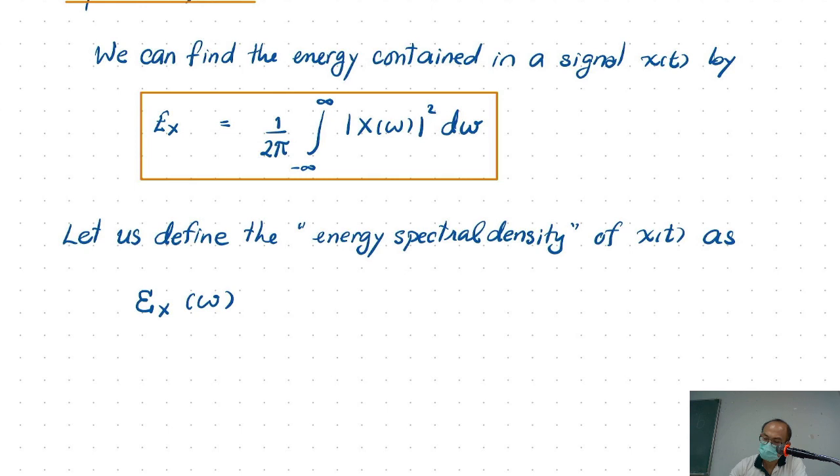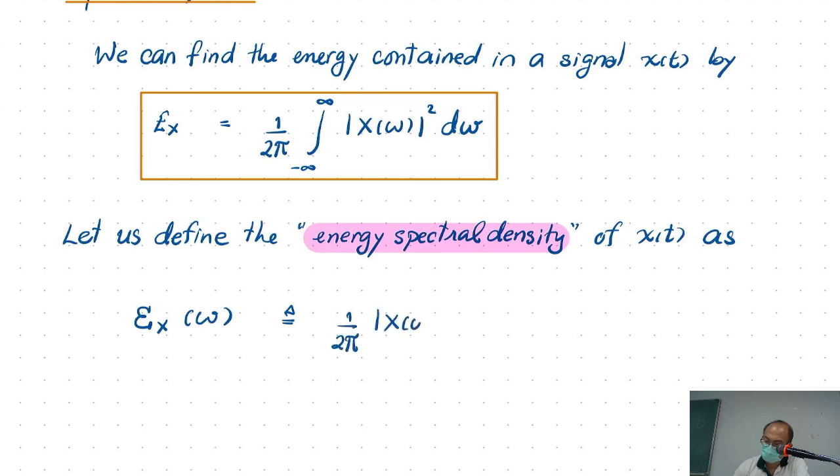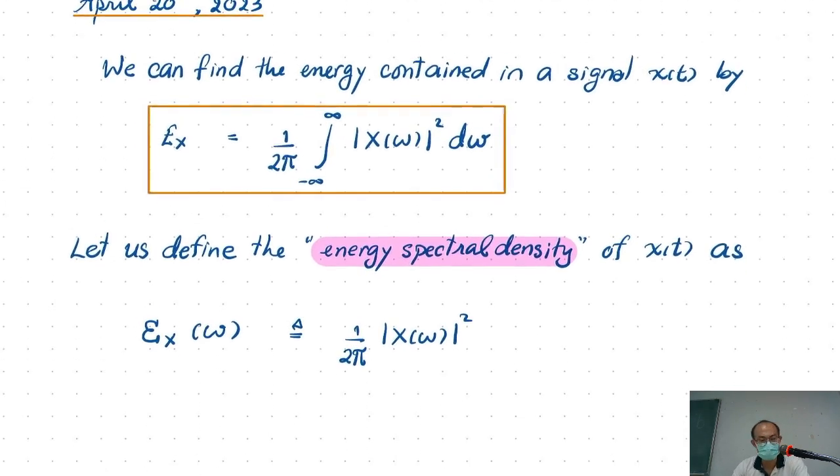It is defined as 1 over 2 pi, the magnitude of X squared. So this is the energy spectral density function, and it is defined for all frequencies, either negative or positive frequency.